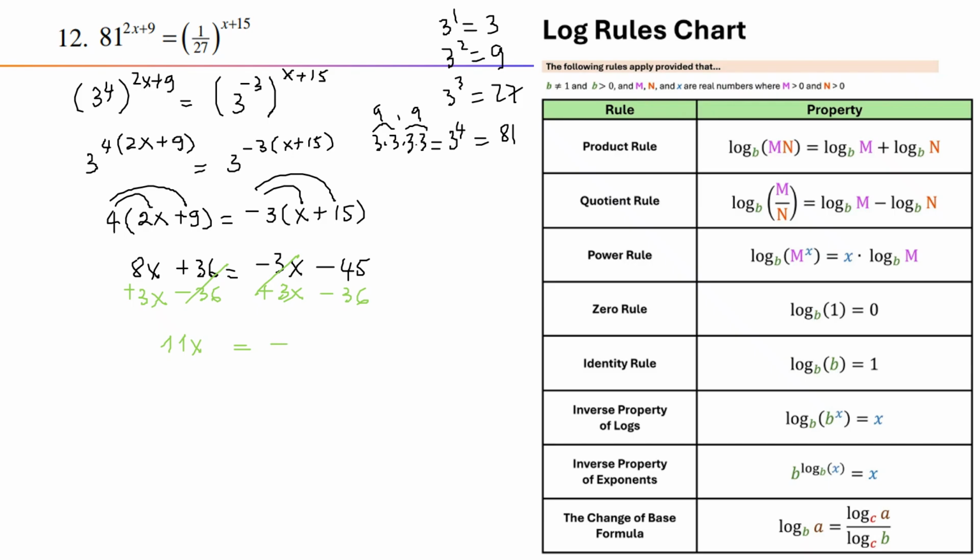Then we just add those two numbers together. So 5 plus 6 is 11, write 1, remember 1. 4 plus 3 is 7, add 1 is 8, so 81. Now we divide both sides by 11 to isolate x. So we have x equal negative 81 over 11.